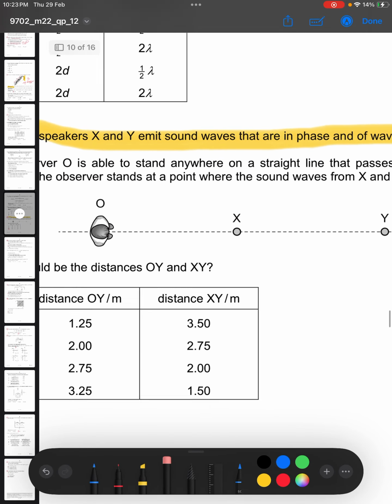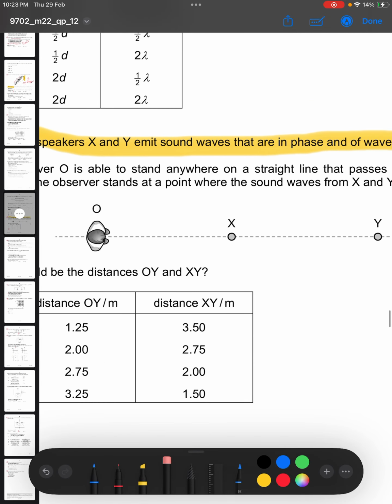from the distance from O to Y, in this case is 3.75. So if it's 3.75, let's say where it is now is 3.75. So, and the distance from X to Y is 1.5. So if this is 1.5, but from O to Y is 3.25, then we could agree that the distance from X to O will be 1.75.